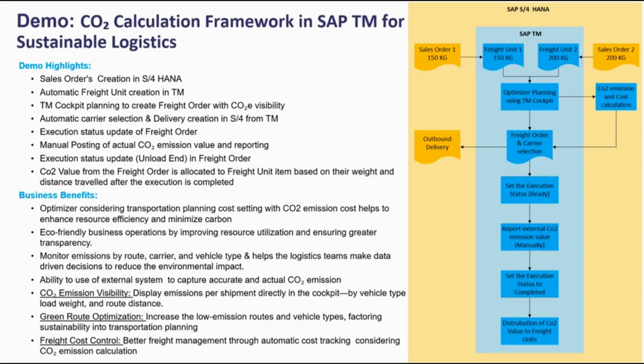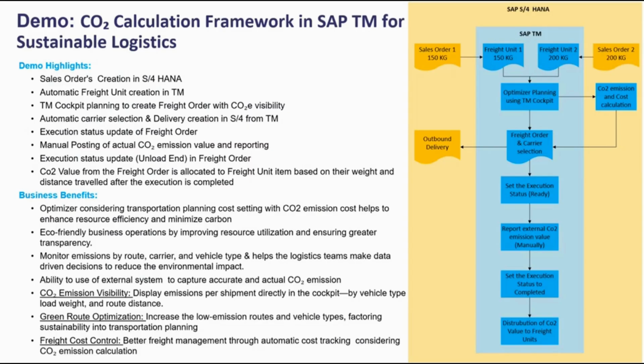We can monitor the emissions by route and carrier and vehicle type. And we can also use an external system to calculate the actual CO2 emission in case there are any changes in the way that we calculate. And then we can compare between plan and actual and improve our internal calculation.